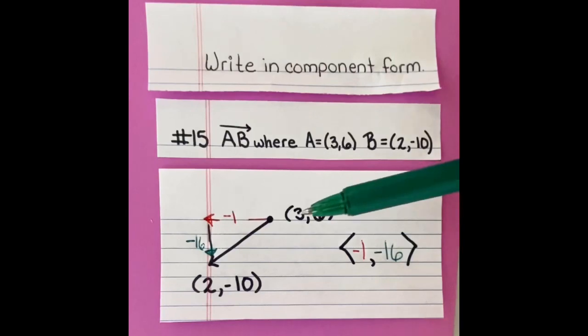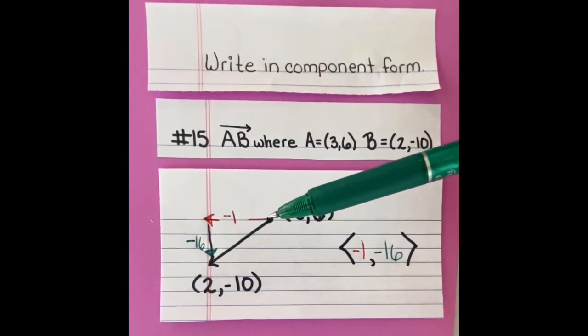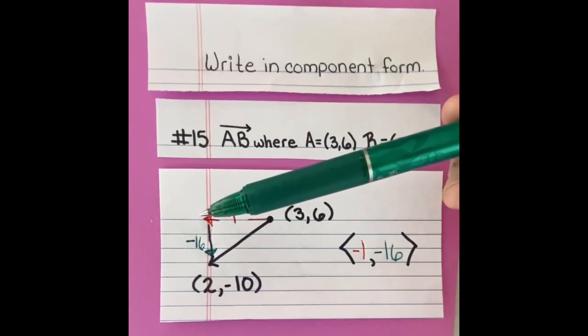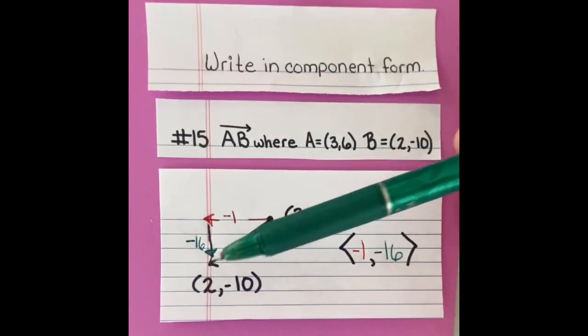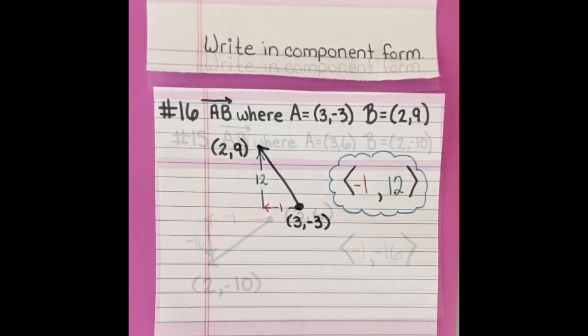Again, moving from the tail to the head, I would need to go back 1, down 16. So the vector in component form is <-1, -16>.